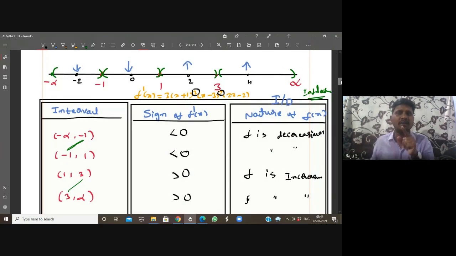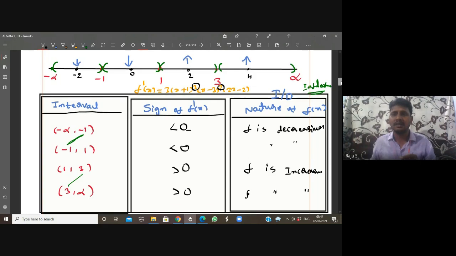In those intervals, we have to check the sign of f dash of x. That sign of f dash of x will represent the nature of the given function, either increasing or decreasing. So lesser than zero means decreasing.